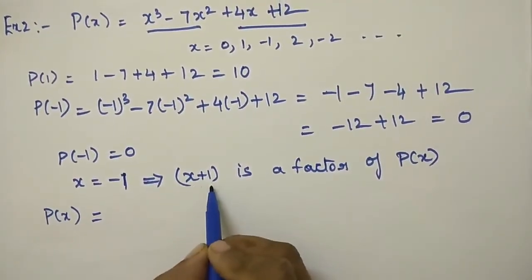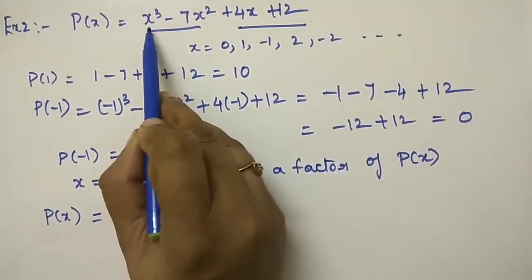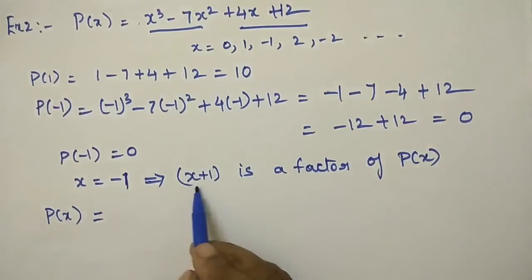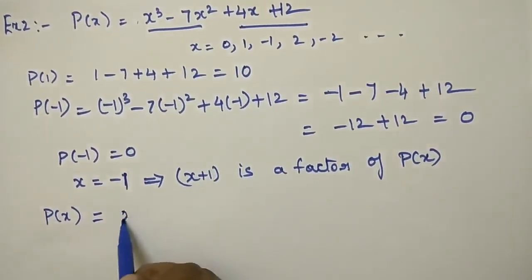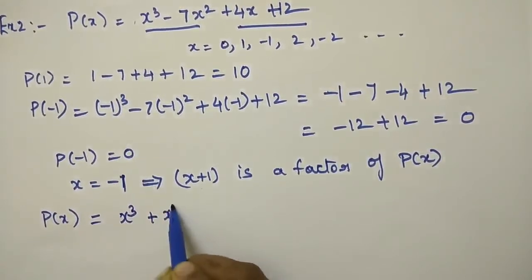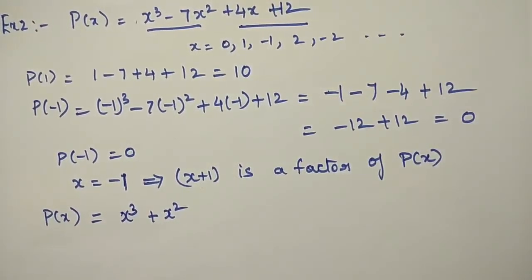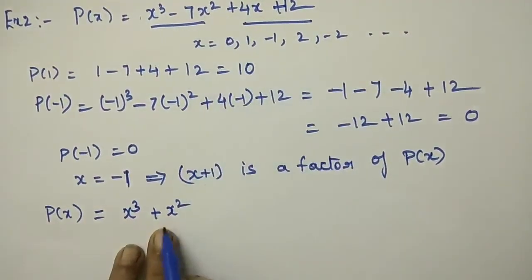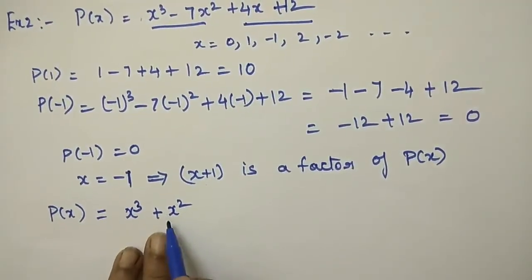See, I got x plus 1 as a factor. Here given polynomial is x cube. So I will multiply this x plus 1 with x square. Then I will get x cube plus x square. Is it not? So here it is minus 7. Here it is 1.